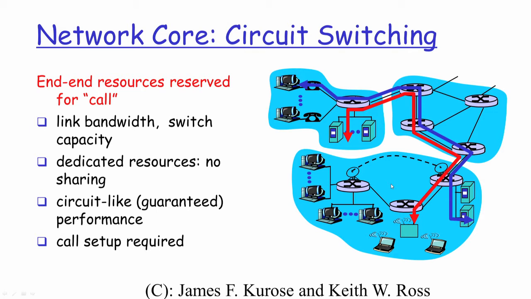The call setup has to be done upfront before I transfer the data, because only as part of the call setup will the path first be identified for the destination to be reached, and secondly, on all the identified devices in the path, appropriate resources will be reserved to be used in a dedicated manner only for transferring the data of this particular end system to reach the destination end system. So this forces us to do the call setup initially, before the data transfer phase can start.